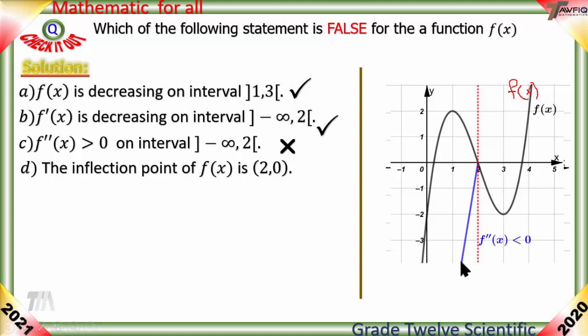As you can see here, this is the graph of the function, and this is the graph of the second derivative. So it is negative, not positive. And the point (2, 0) is an inflection point, because the function changes from concave down to concave up. That means C is false.